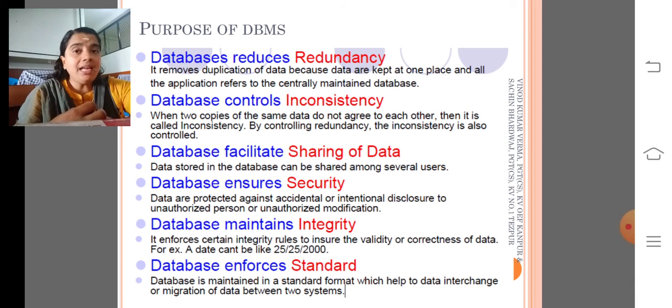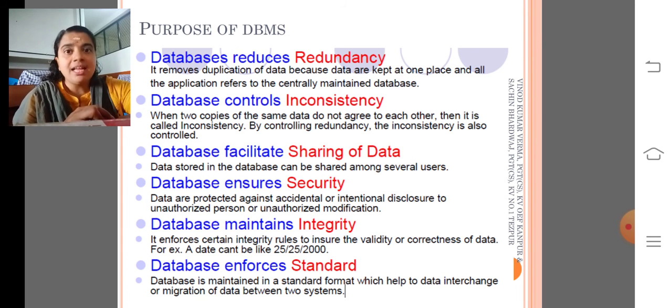That means if the same data is available in two tables, we cannot accidentally delete or update the data. We need to follow the rules of referential integrity.